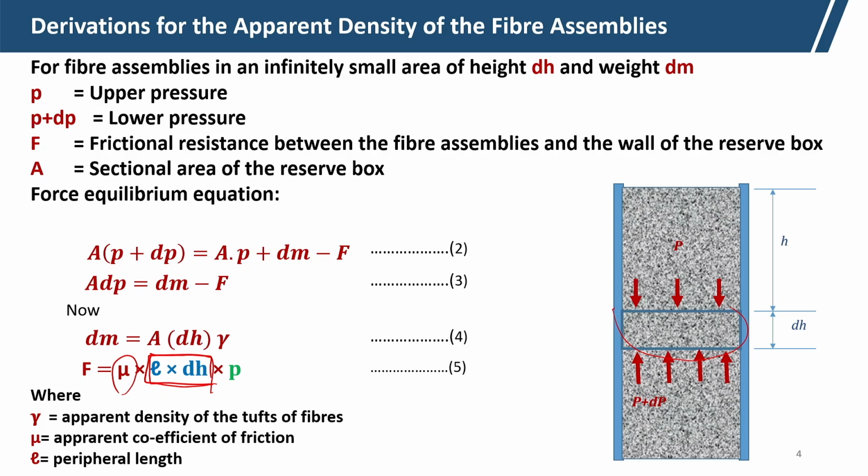This is the peripheral length multiplied by dH, the contact area. And P is the upper pressure, the downward pressure, so L dH P becomes the downward force, and if we multiply that with mu, it will become the frictional resistance force.